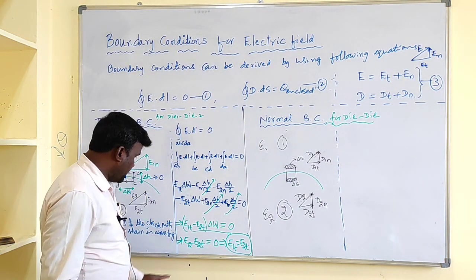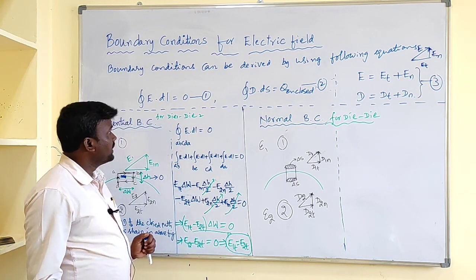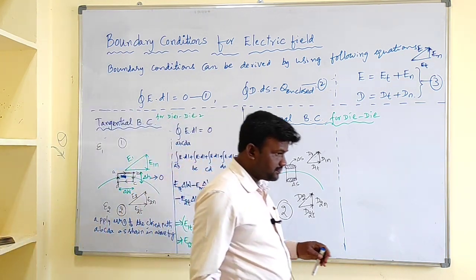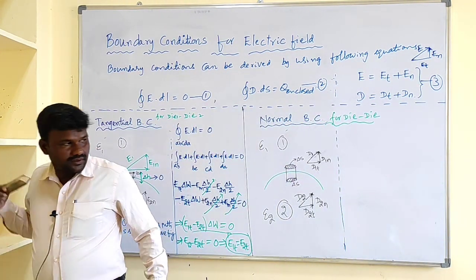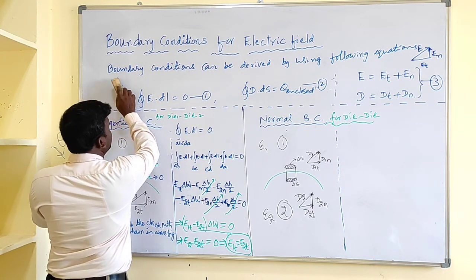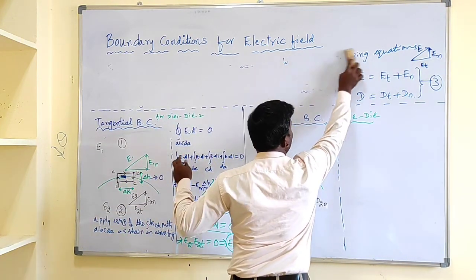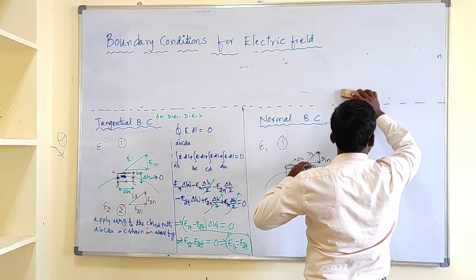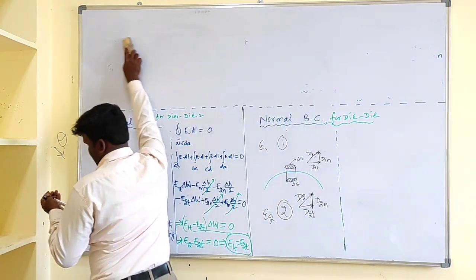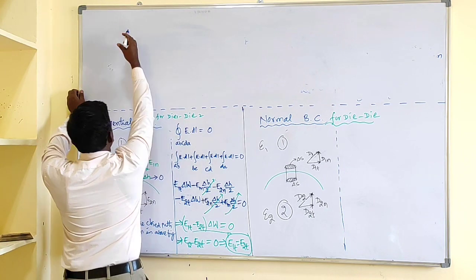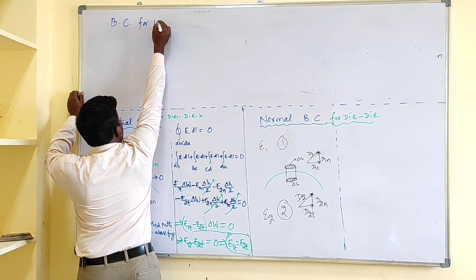Now we derived E1t minus E2t equal to 0, that is equal to E1t equals E2t. Now we can conclude from this. Boundary conditions for electric field.